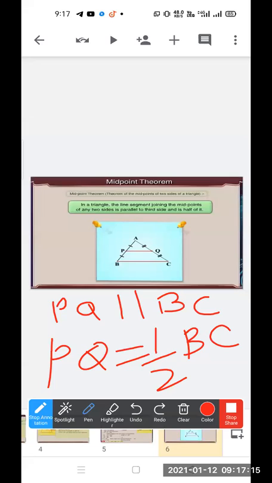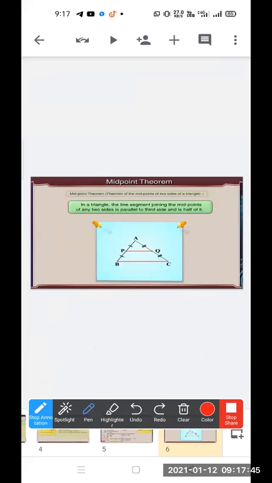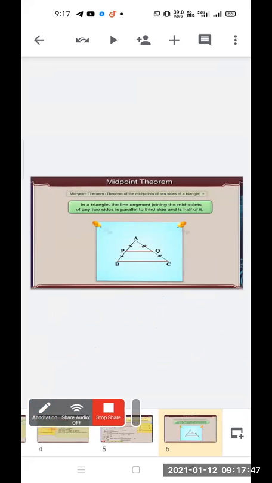So in a triangle, the line segment joining the midpoints of any two sides, here AB and AC, is parallel to the third side, meaning PQ is parallel to BC and PQ is half of it. Let us see the proof of this theorem.